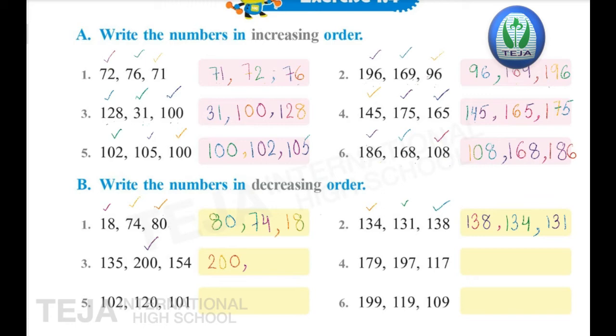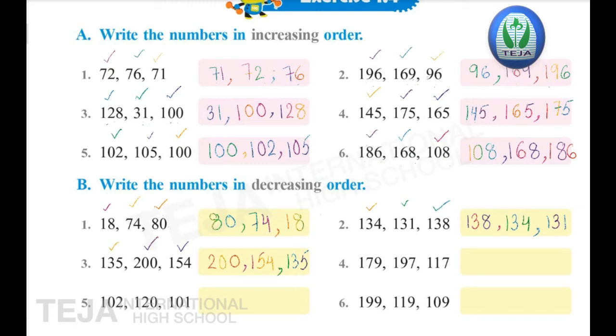Now guess the answer, children. Come on, guess which number is the biggest number here. It's 154. So write 154 in the box. Now the last number is 135. So the answer of the third question is 200, 154 and 135. Okay children.